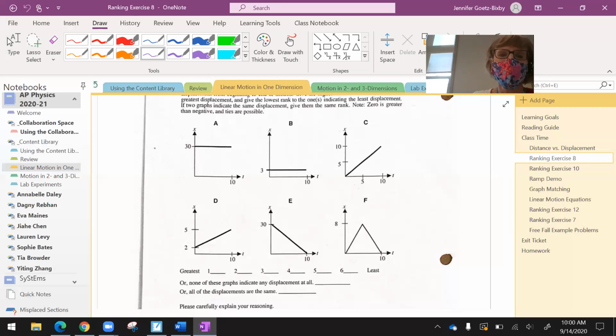What is it? C, D. And then I had A, B, and F off there because there really isn't a change in displacement. Okay, so they're all equal, and that was the whole thing, if they were equal, and then E. Okay, so is she right?